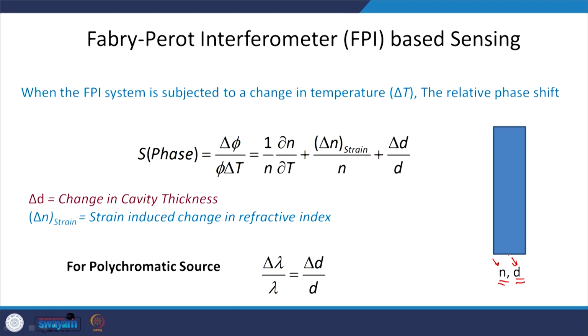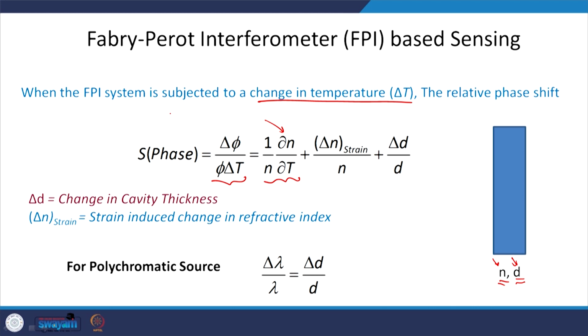Let us take an example of change in temperature, and you see that the relative phase shift can be defined by this. It will lead to slight changes in refractive index with respect to temperature, that is due to the thermo-optic coefficient. If you remember, you can go and see that definition; this is called the thermo-optic coefficient.